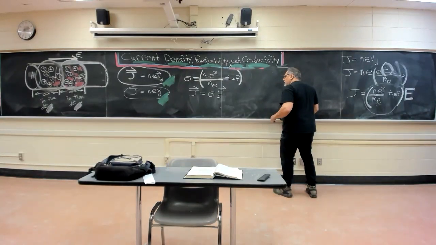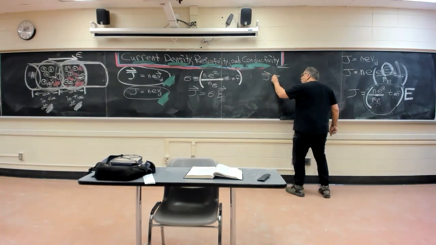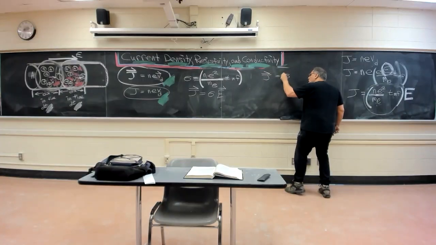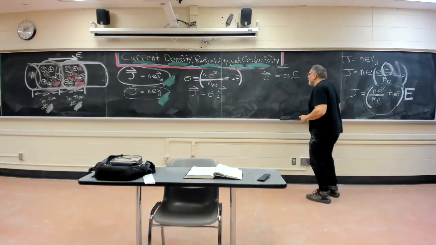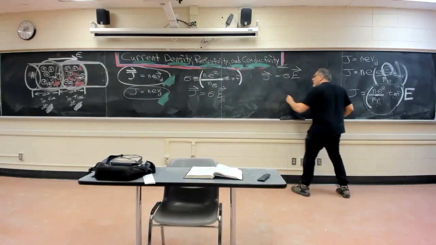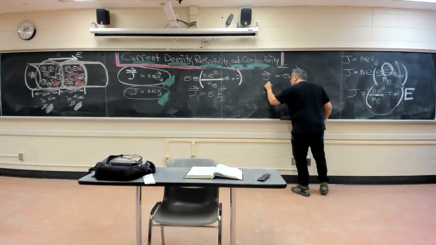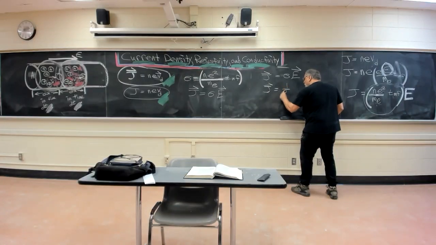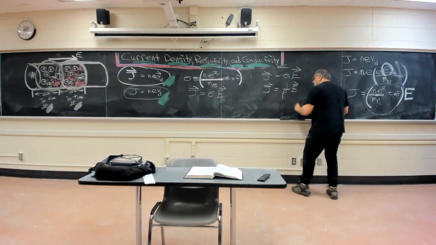So, there's a lot that can be said here. You could go back to vectors if you wish. They didn't go really into the TMF too much. You got this, which is the same as 1 over rho E vector.